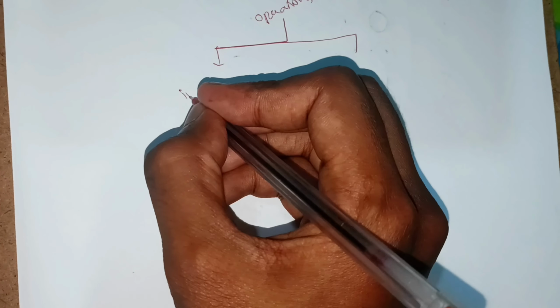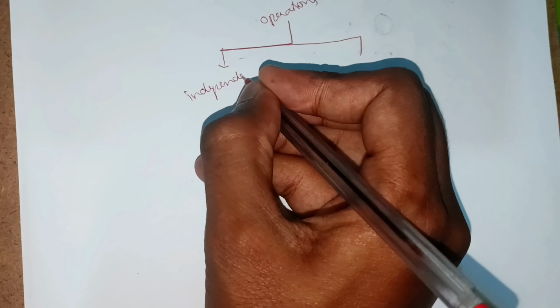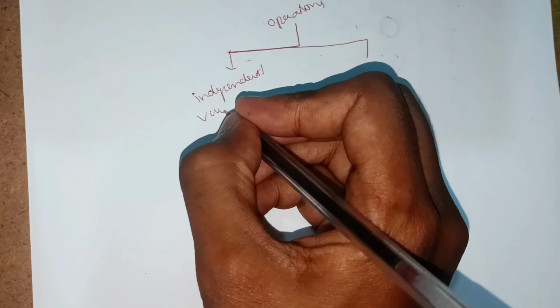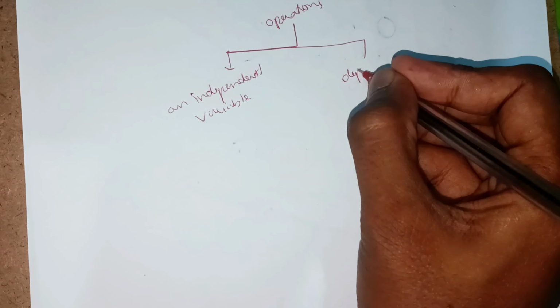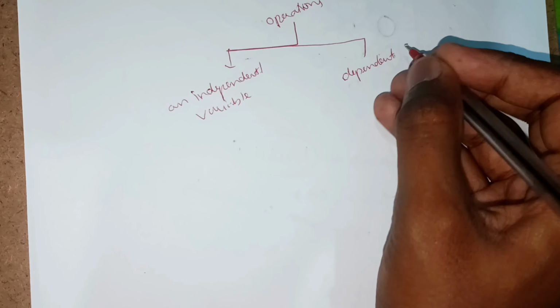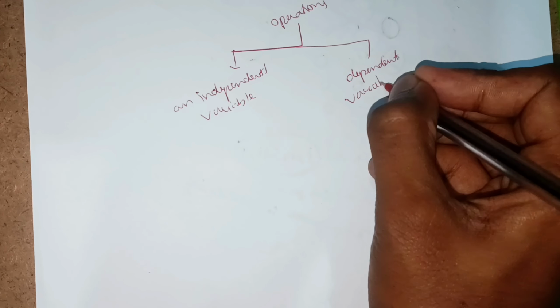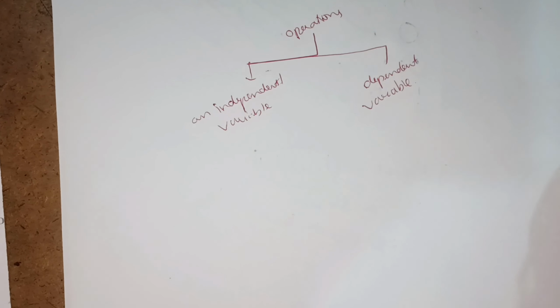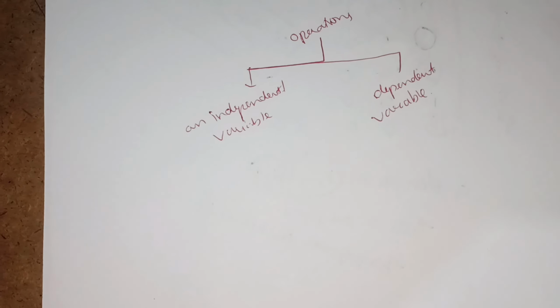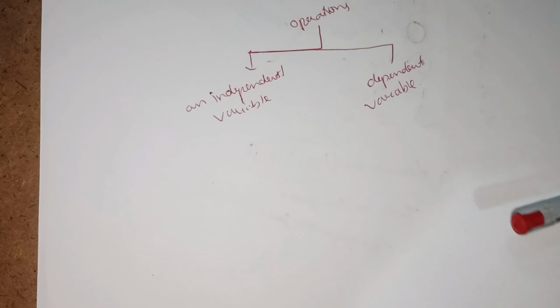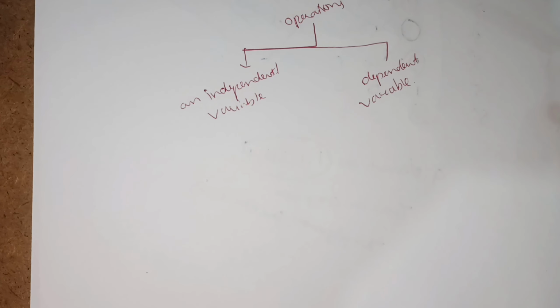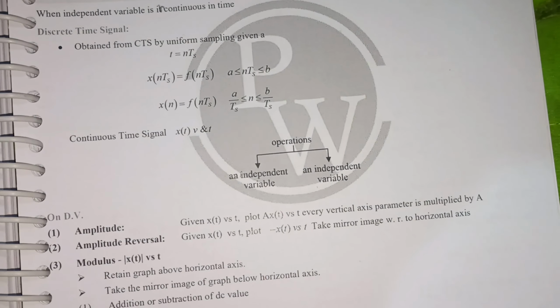Operations are broadly classified as independent variable and dependent variable. So this is a classification of operations of time signal. So continuous time signal operations are classified as independent variable and dependent variable. So let's have a look at it.